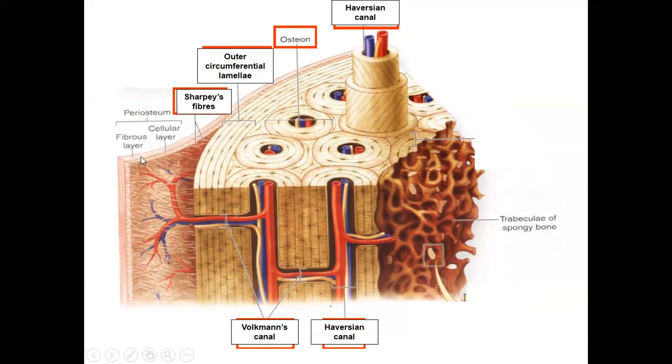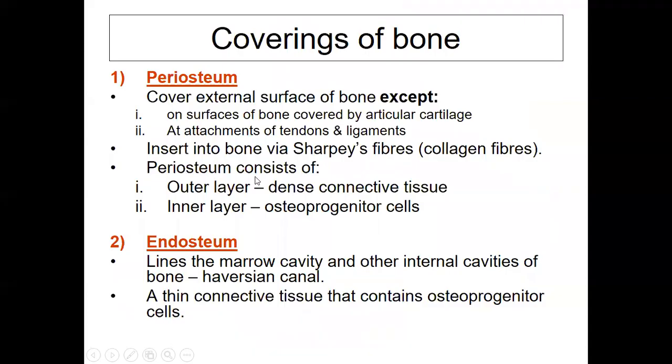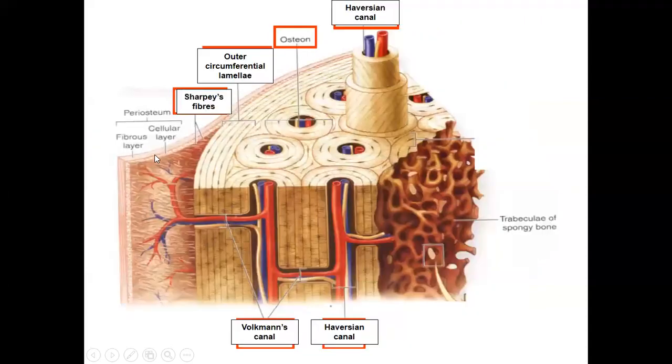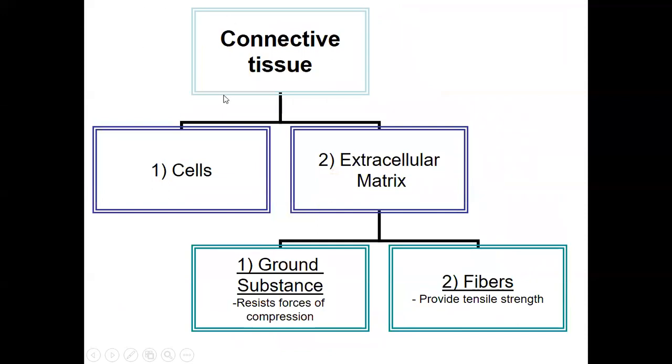It has a fibrous layer of dense connective tissue, and then the inner layer here, the cellular layer, contains the osteoprogenitor cells. And then we have the Sharpey's fibers that anchor the periosteum to the bone. That is regarding the covering part of the bone.